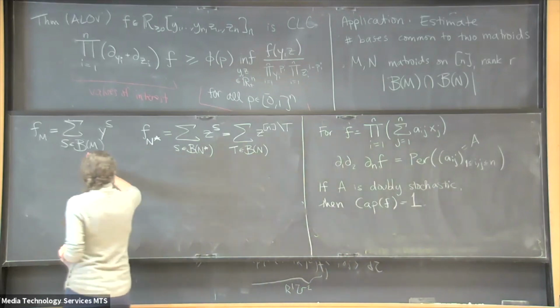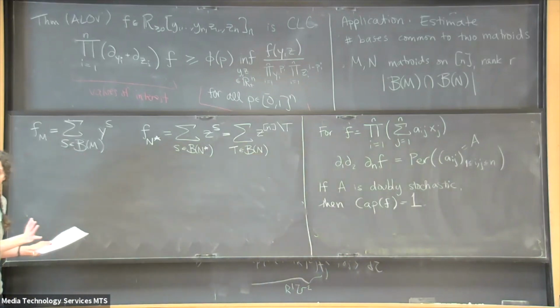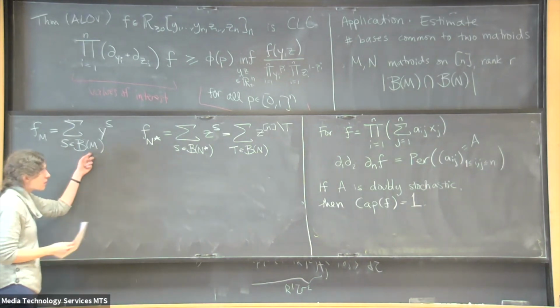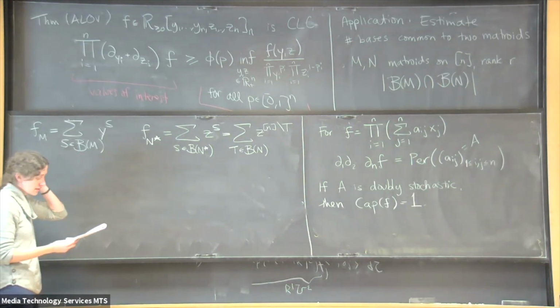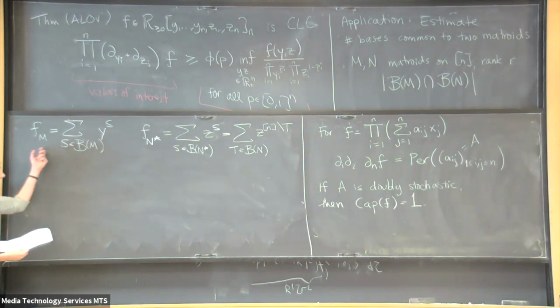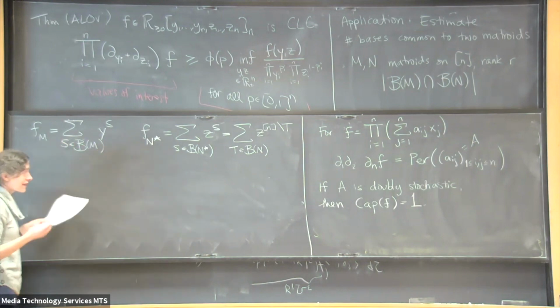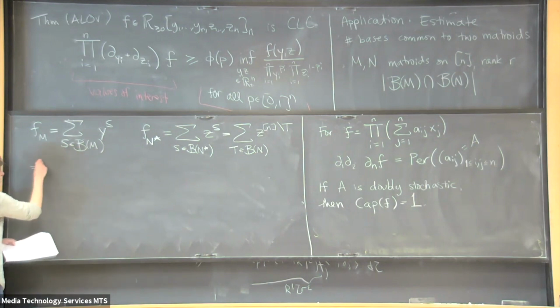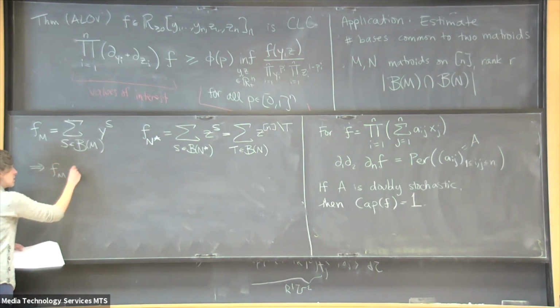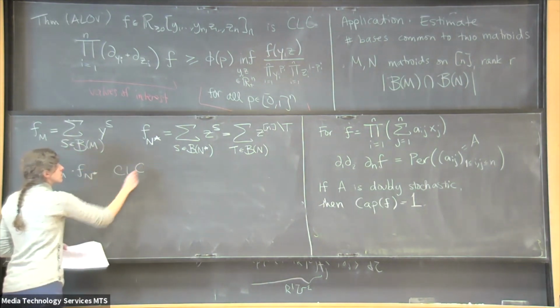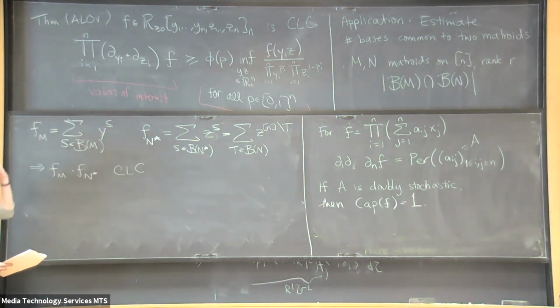Both of these will be completely log-concave, because they're the generating polynomials for the bases of a matroid. I know that their product will also be completely log-concave, because I'm allowed to take products. So what I can do is apply this theorem.